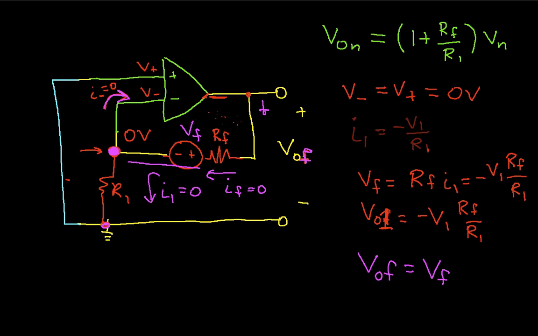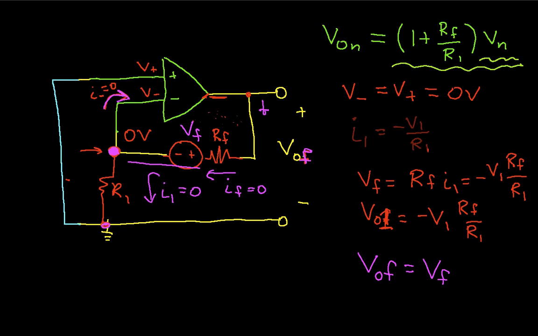And so the noise at the output due to the op-amp is given by this expression. It's equal to the input referred noise, which is a parameter of the op-amp, times the non-inverting gain.